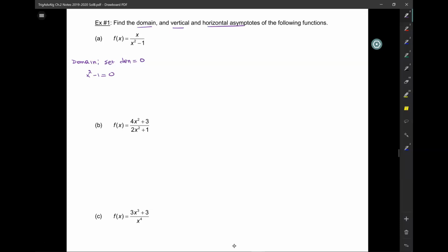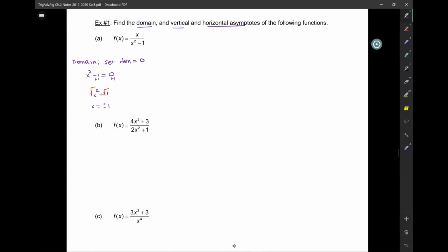You can solve this in multiple ways. You could add 1, take a square root. You could factor. Why don't we add 1 this time? Oh, sorry, I need to take a square root first. So x equals plus or minus 1.